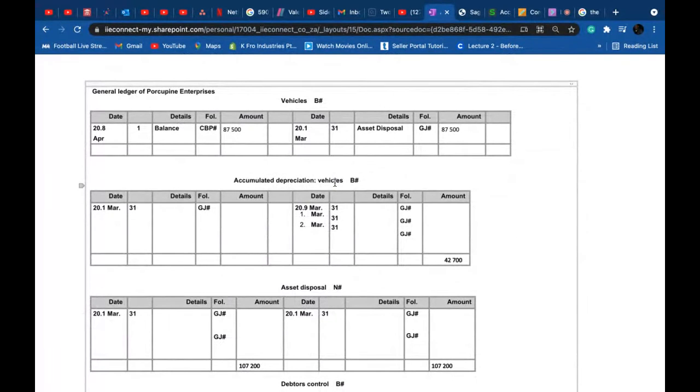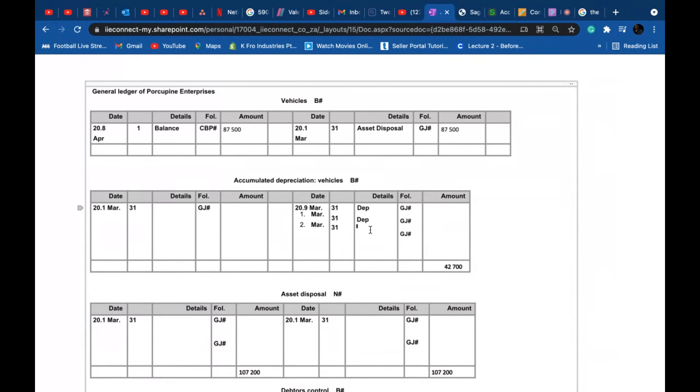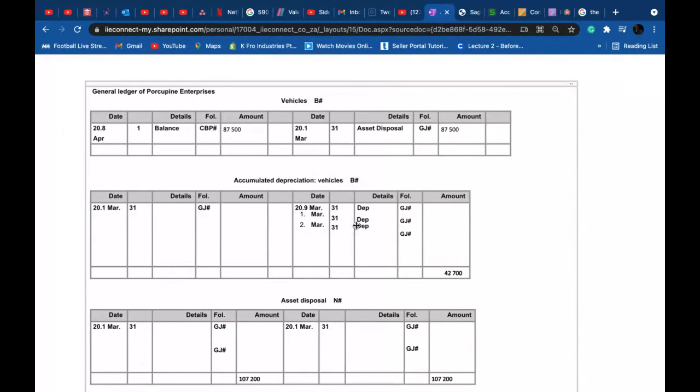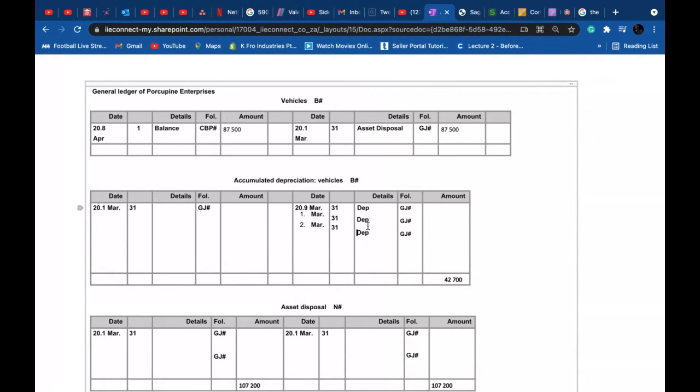Then here under accumulated depreciation, we would have had depreciation. Let me just copy that right here. Can you see this is the depreciation for every year that we've had this asset? And this is where I'm showing you that this is a credit.